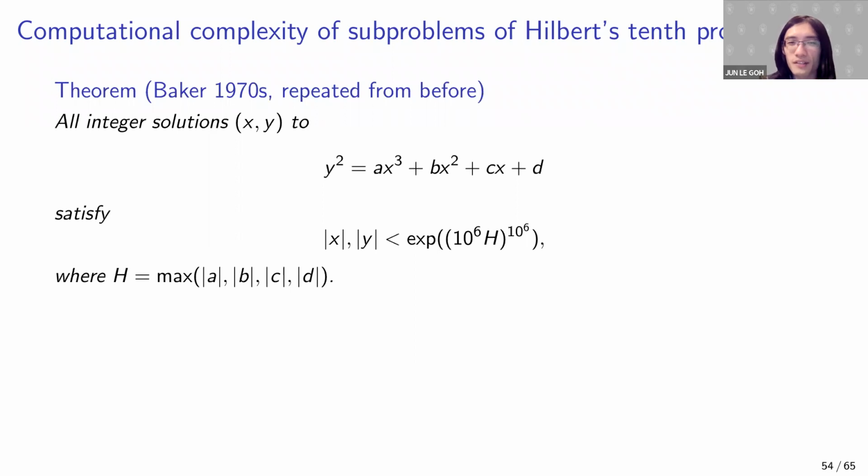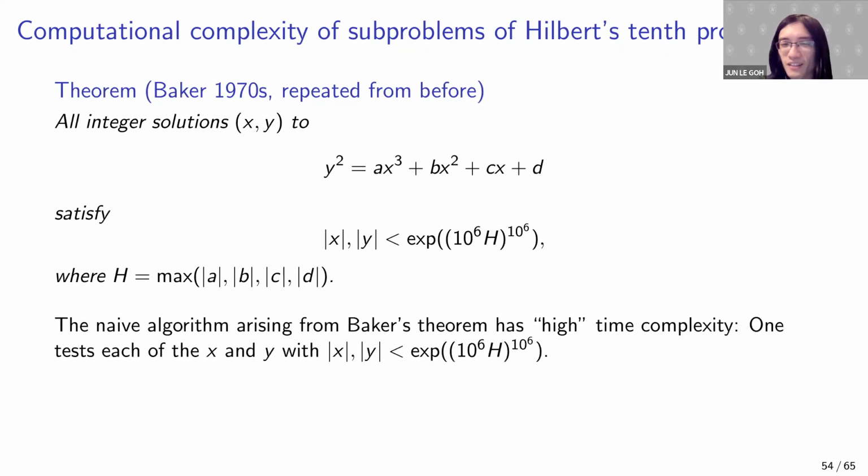So this here is the theorem, just repeating it. The algorithm that comes out of this theorem is terrible, which you probably noticed when I mentioned it. Namely, we're doing a brute force thing by checking all of the x and y below this absurdly large number. So this is a very inefficient algorithm.